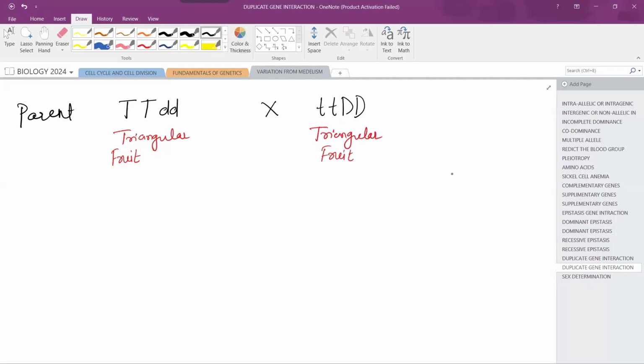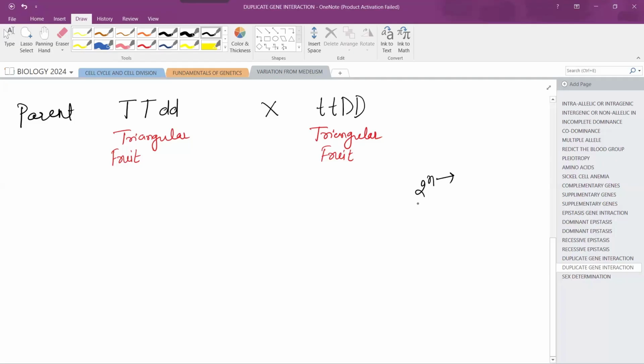Now, can you tell me? I have given you a formula to find the gametes that a parent will produce. Can you recall that formula? 2 to the power n. And what is this n?